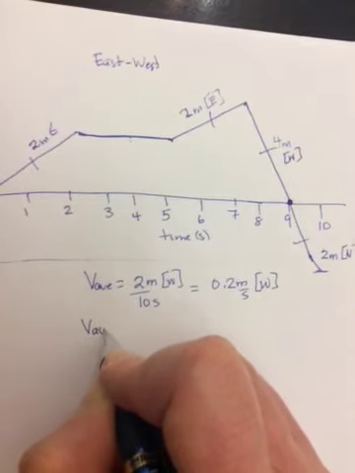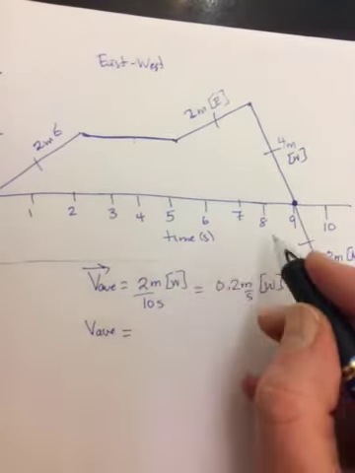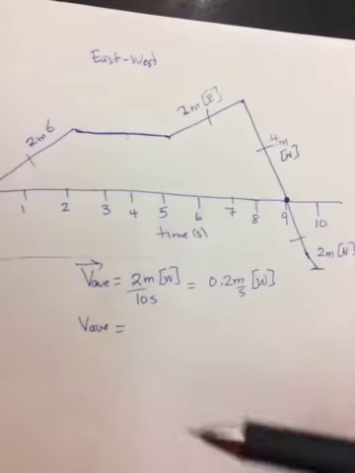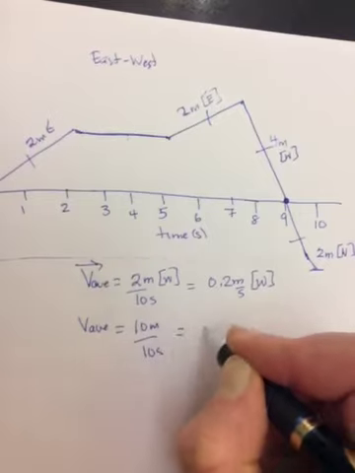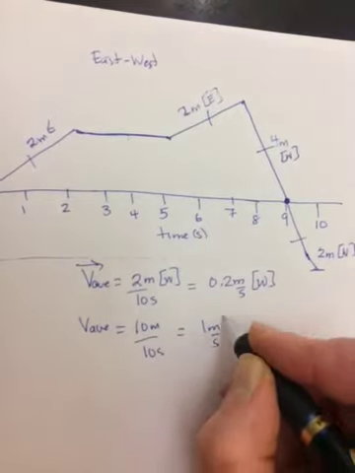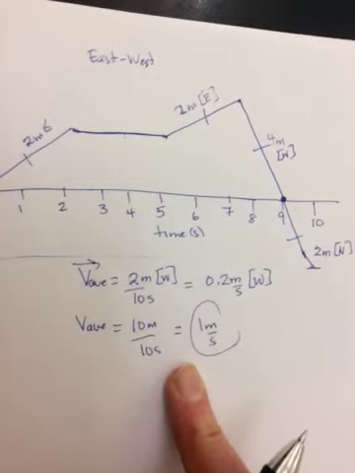But average speed, so this is with a vector, average speed is distance over time. And so the distance, when you add 2 and 2 and 4 and 2, that's 6, 8, 10. It's 10 meters over 10 seconds. The speed is 1 meter per second. And of course, this is the one that's closer to what you've done in real life.